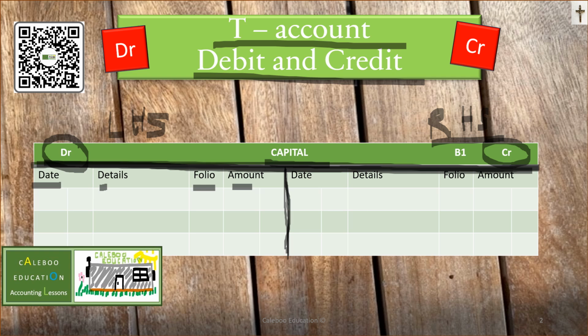Your lecturer can use T accounts to explain work. Even though it's not a formal way of doing things, they're used in accounting regularly. So we are going to do transactions on T accounts. Now you know what a T account is and where the term comes from.